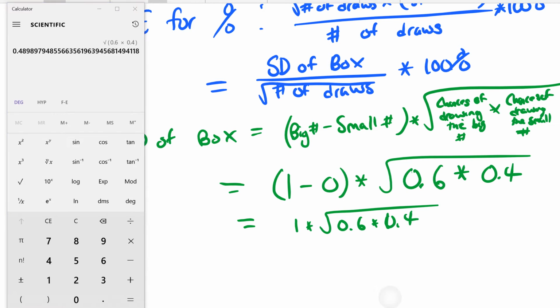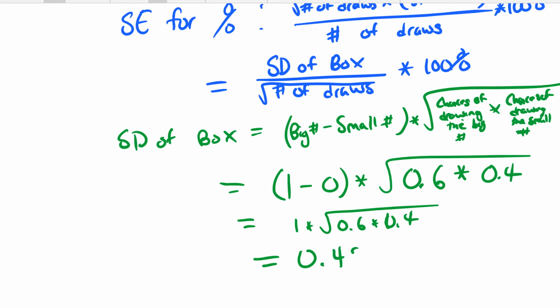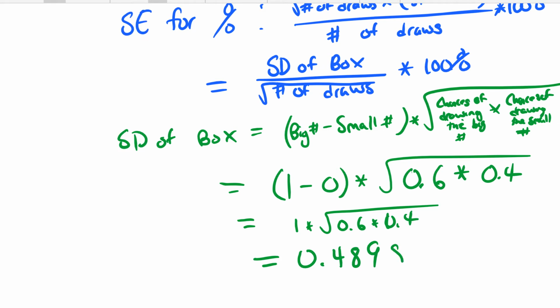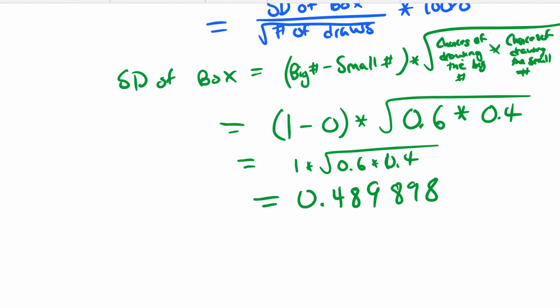So our answer is 0.489. We don't have to go out to that many decimal places, but I wanted to go out that far to be as accurate as possible. So that's the SD of the box.